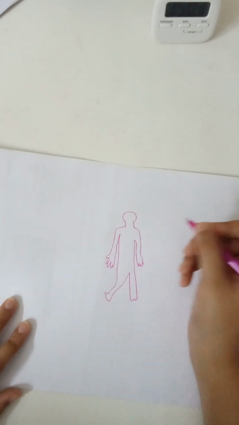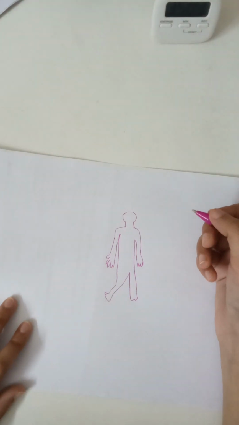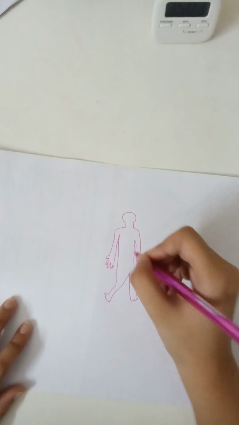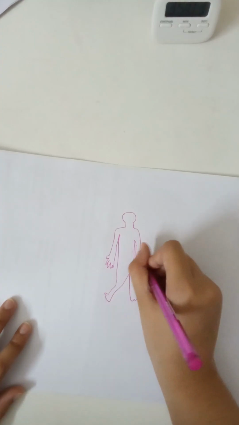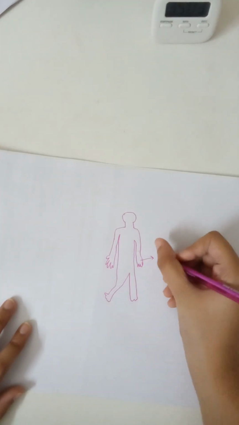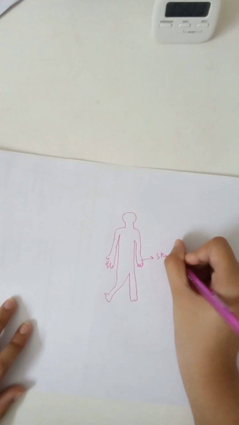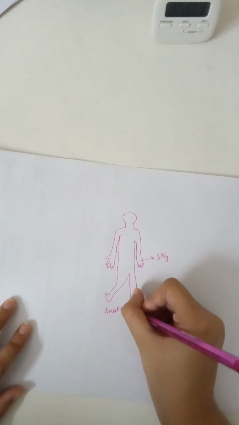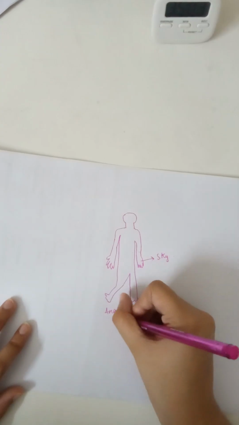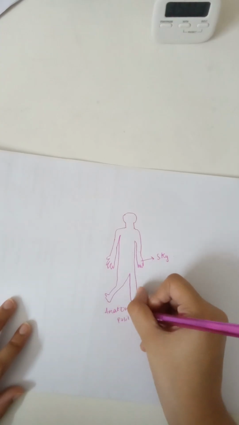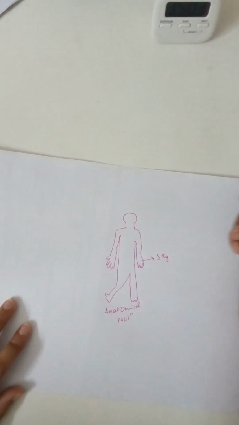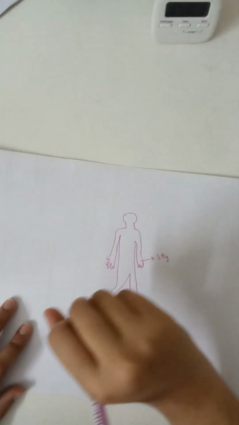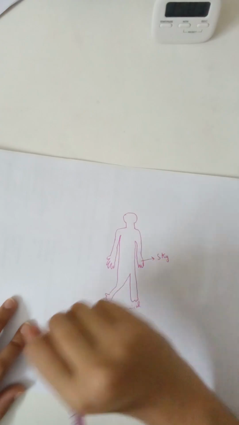Imagine this body is sleeping on the floor, and the palms are facing the sky. This is known as the anatomical position. The body is lying on the ground with palms facing the sky, known as the anatomical position.